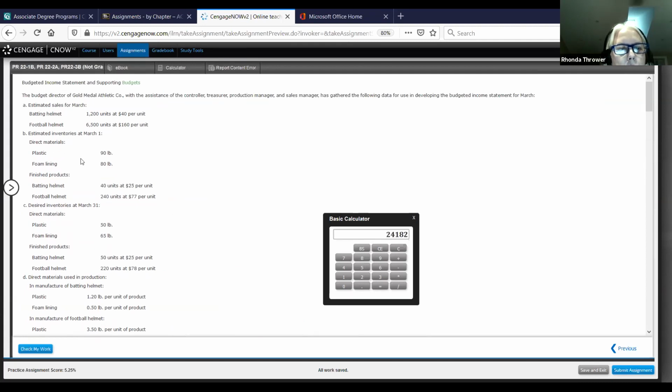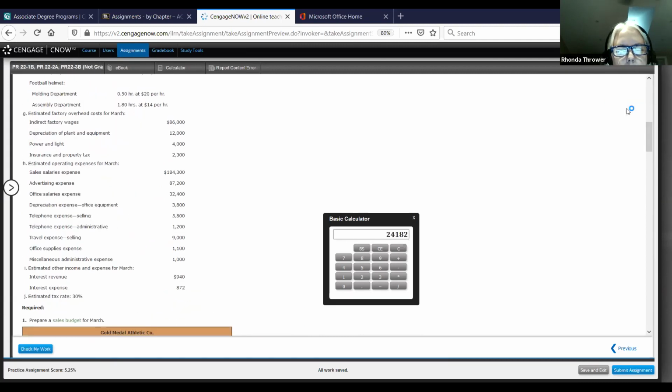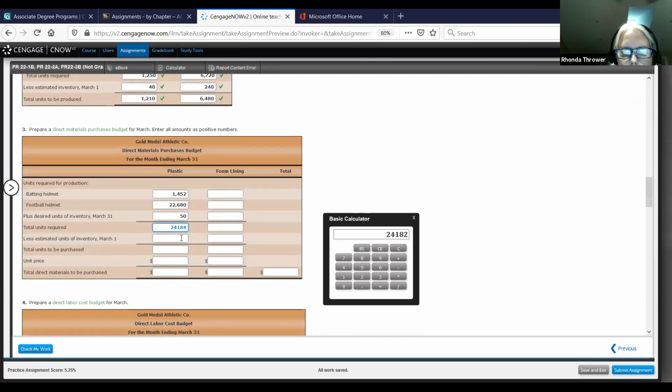And our direct materials beginning inventory plastic is 90 pounds. And we're going to subtract that from this 24,182. And that will leave us with 24,092 pounds.